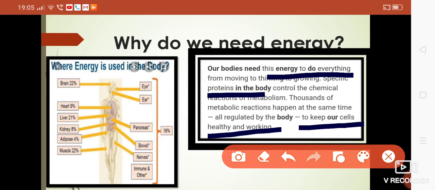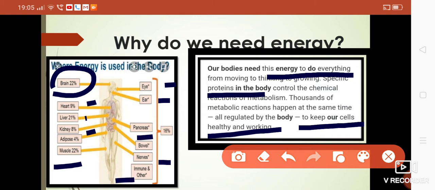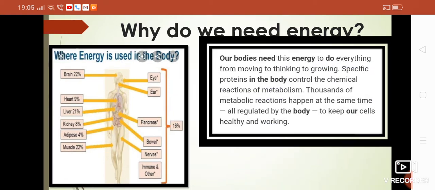You observe that the brain needs 22% of energy, the heart needs 9%, liver 21%, kidney 8%. Then the muscles also need 22%. Apart from these, there are the eye, ear, pancreas, nerves, and immune system. They also need a small amount of energy.